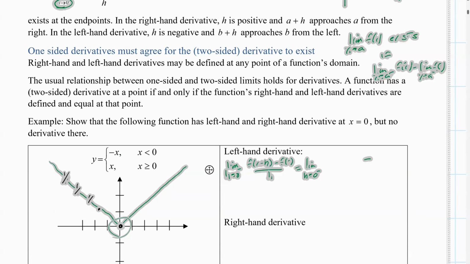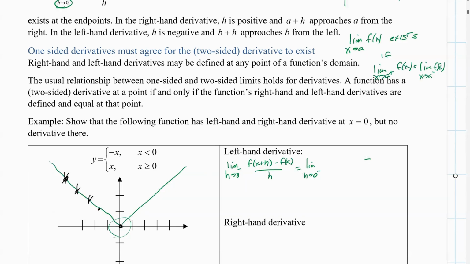My function, when h is 0, okay, by the way, I'm going to call this left-hand derivative at x equals 0.